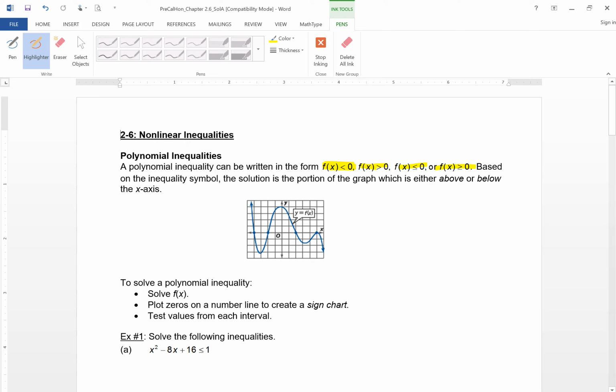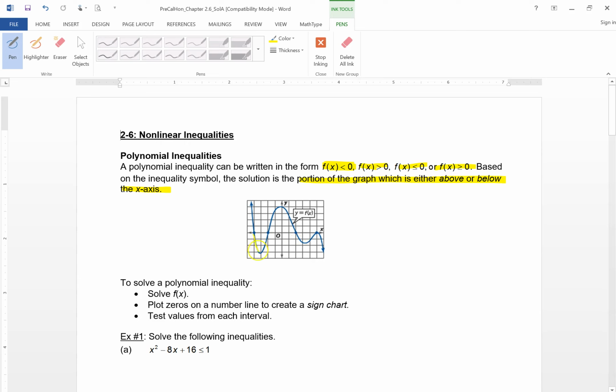Based on the inequality symbol, the solution is the portion of the graph which is either above or below the x-axis. So if this right here is f of x, and I want all of the x's for which f of x is less than 0, then what I want is all of the x's for which the graph falls below the x-axis.